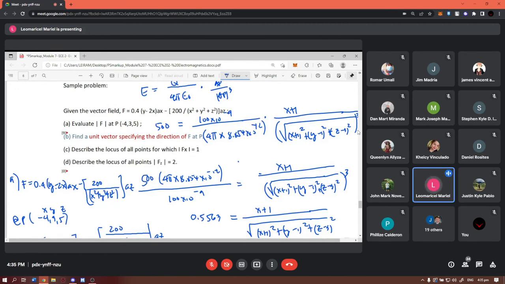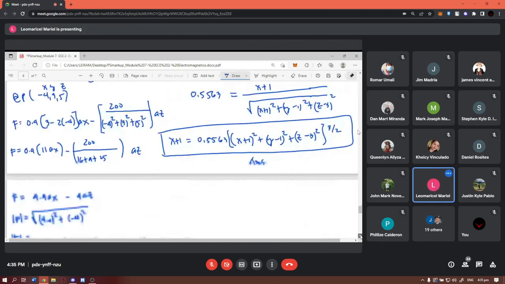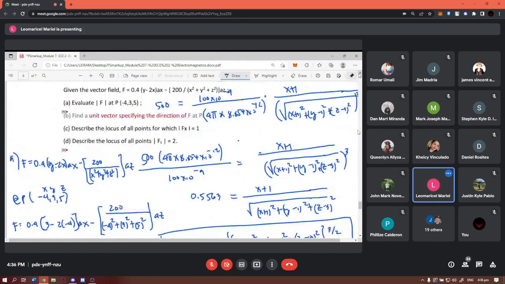So, since along x-axis lang, so, ang given vector mo will be 0.4. So, yung magnitude mo ay 1 is equals to 0.4, okay, multiplied by y minus 2x.